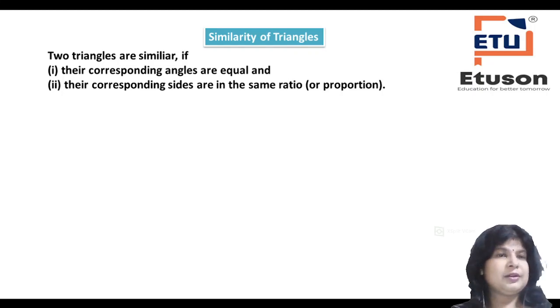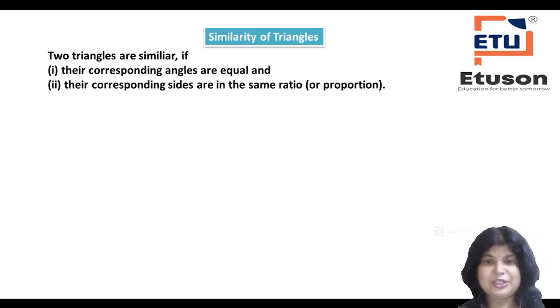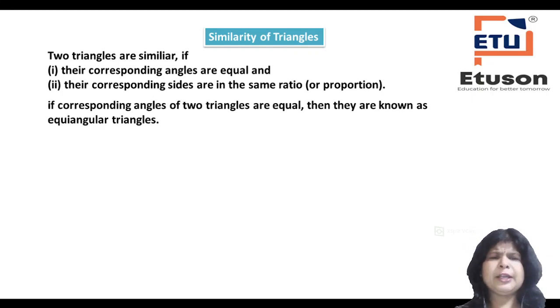So, two triangles are similar if their corresponding angles are equal and the corresponding sides are in the same ratio or proportion. Correct? If corresponding angles of two triangles are equal, then they are known as what? Equiangular triangles.